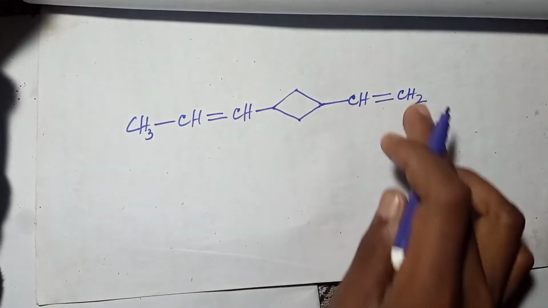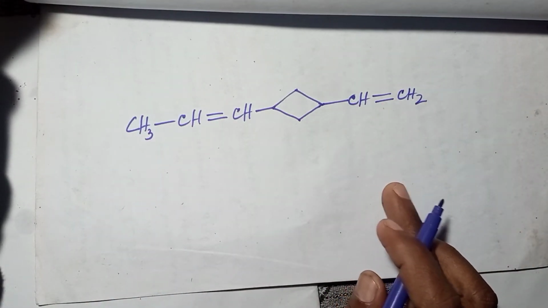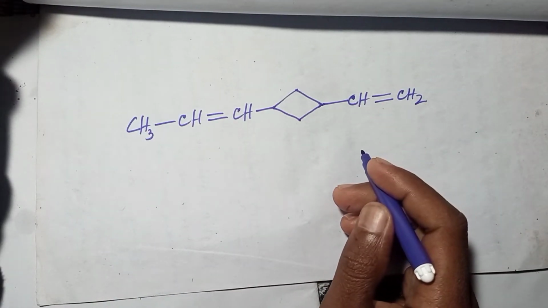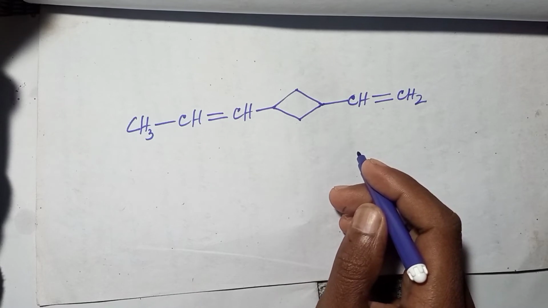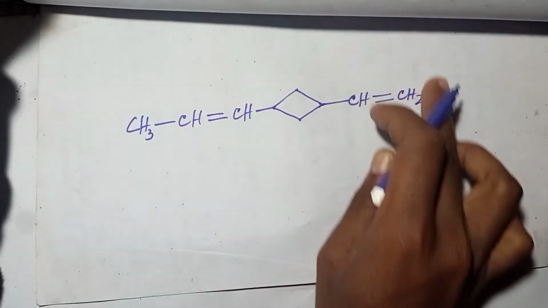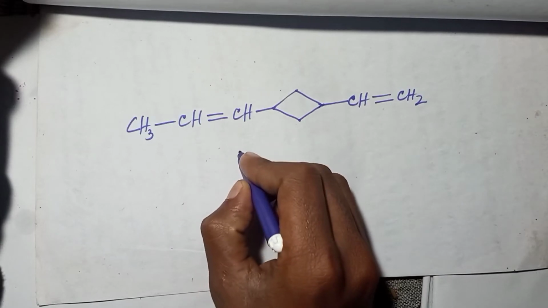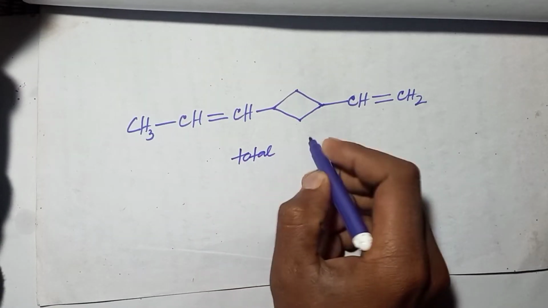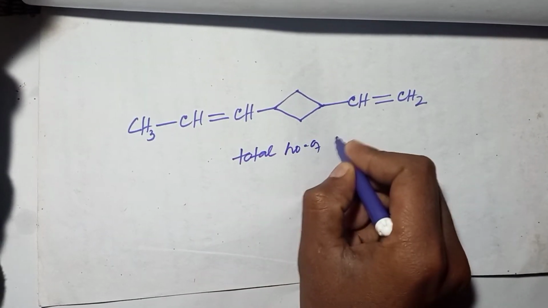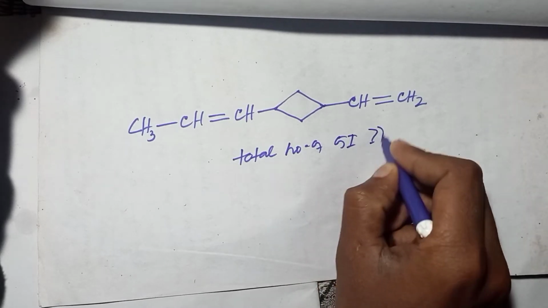I want to find out the total number of geometrical isomers in this compound.